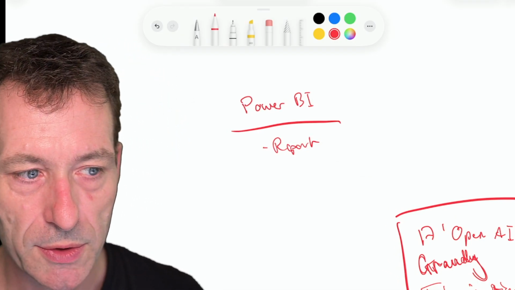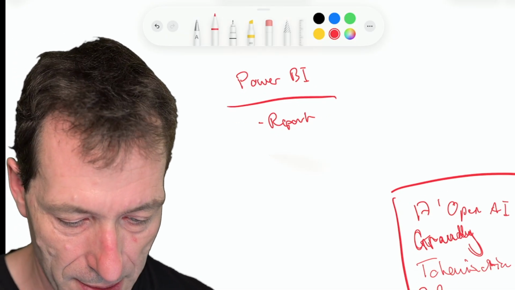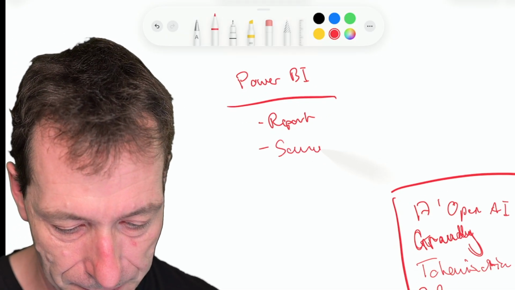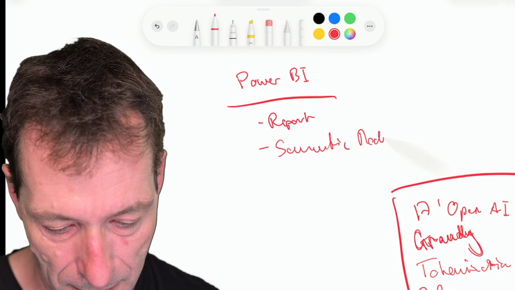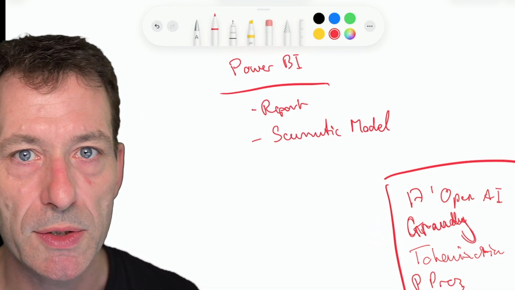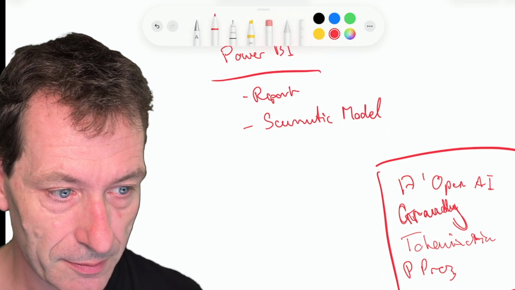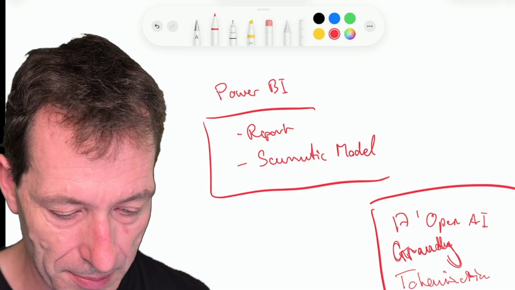And in the reports, you can ask data questions. You can create pages. You can summarize. You have semantic models. In the semantic models, you can generate DAX queries, create measure descriptions, or create synonyms. So this is all in Power BI.